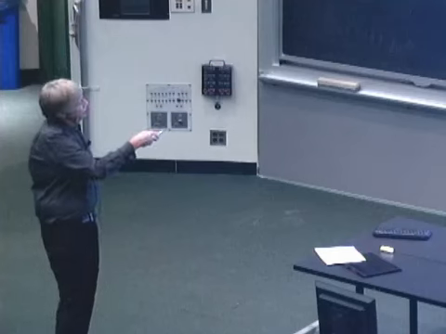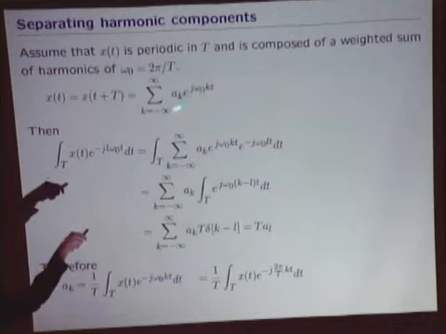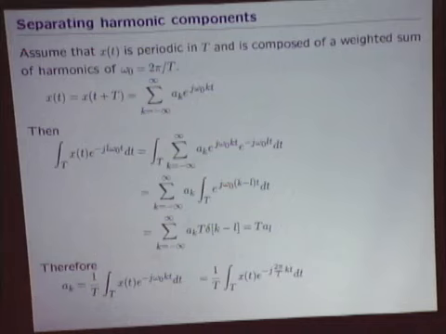So imagine that we can write x of t, some generic periodic signal, as a sum of harmonics. Then let's use the principles we talked about before. If it can be represented as a sum, I can sift out the one of interest by multiplying x of t times e to the minus j L omega naught t.